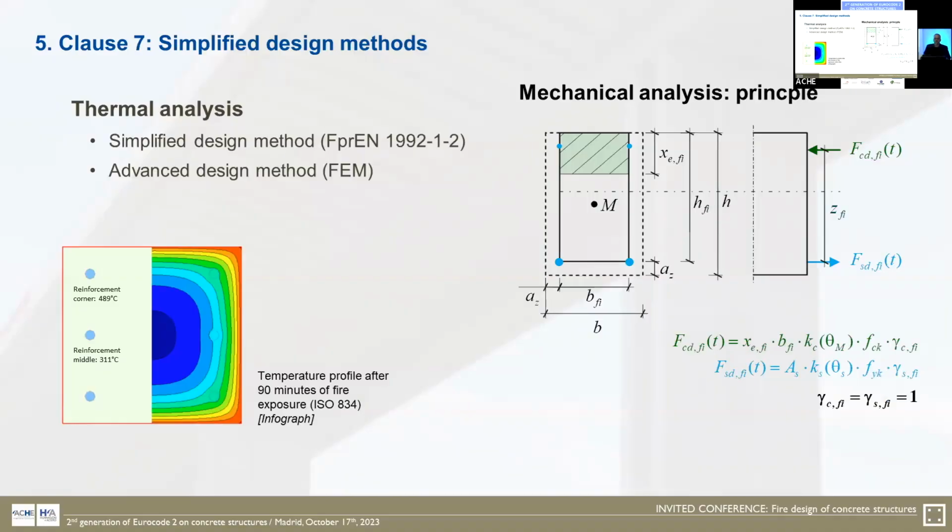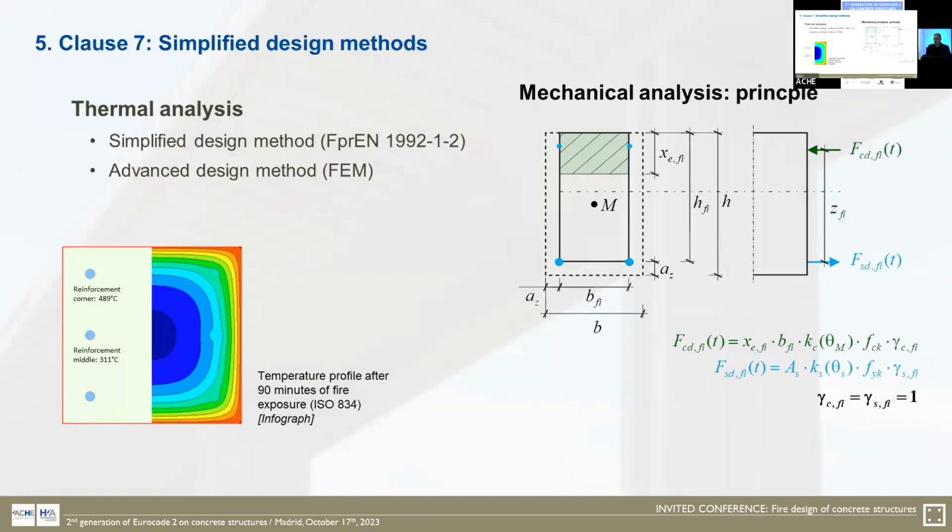And if I was to summarize everything in simple indications, when you have the fire effect, and you can see there is an FSD Fi. So the force in the steel as a function of time is the product of the area of steel times the yield strength of steel. And there is in the middle a coefficient which takes into account the effect of fire through the temperature theta.